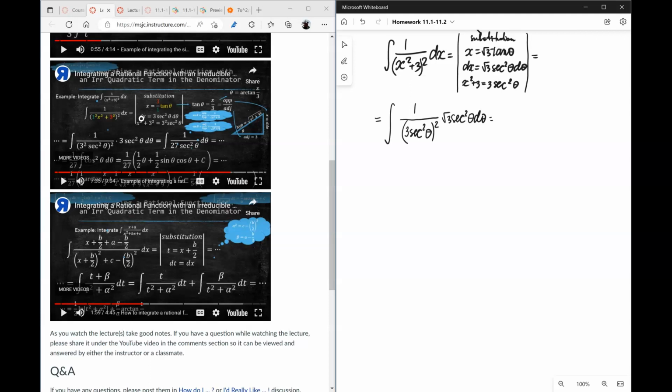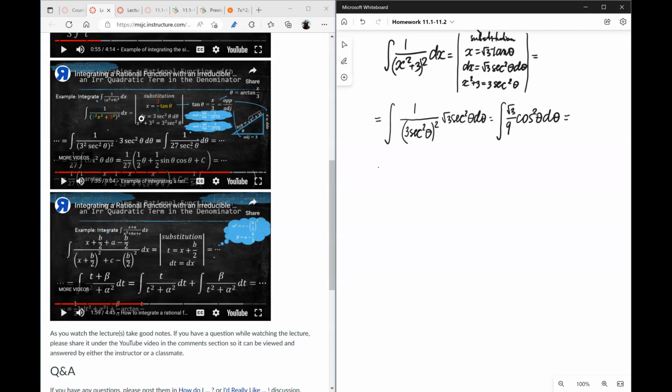Now we have a lot of reduction here. So secant squared cancels. We have secant squared in the denominator, which becomes cosine squared theta d theta. But we have 3 squared, which is 9, and in the numerator we have square root of 3, so we have square root of 3 over 9.